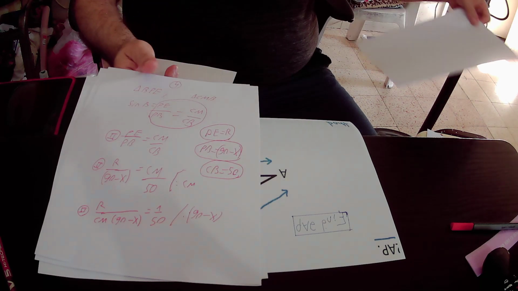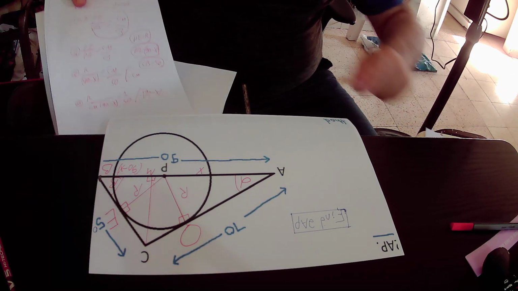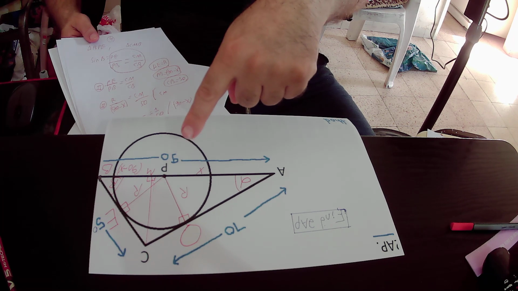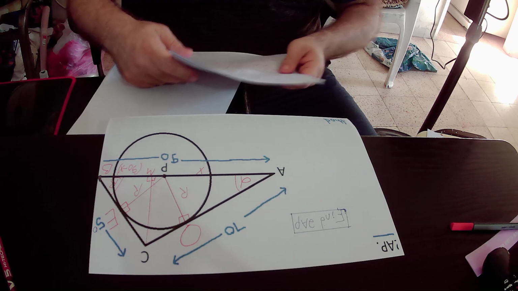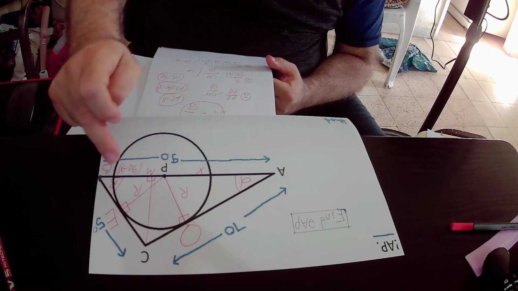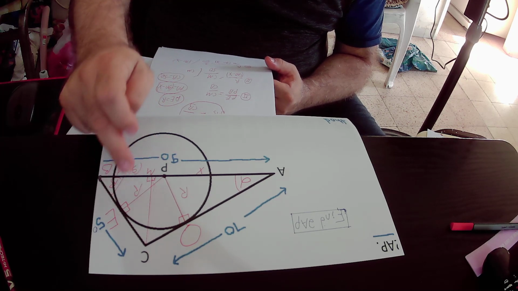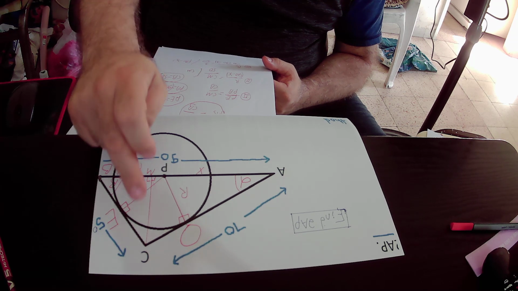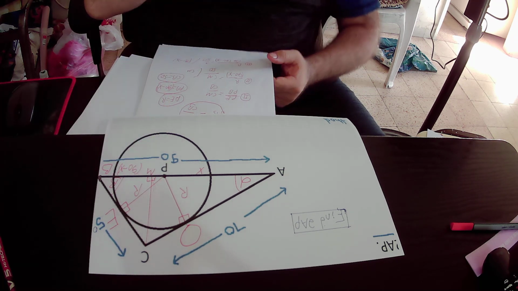Then we focused on angle beta and sine beta and the right triangle BPE and also the right triangle CMB.